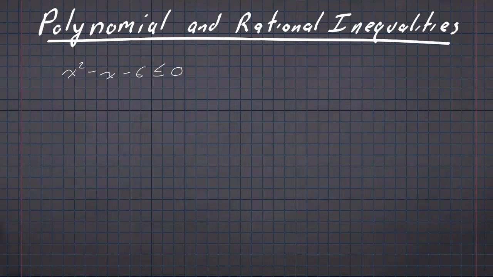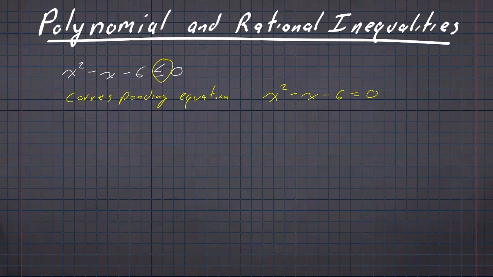If we think about this inequality, what I want you to notice right away is that the corresponding equation, where we replace the inequality symbol with an equal sign, is something that we are already familiar with and we already know how to work with.